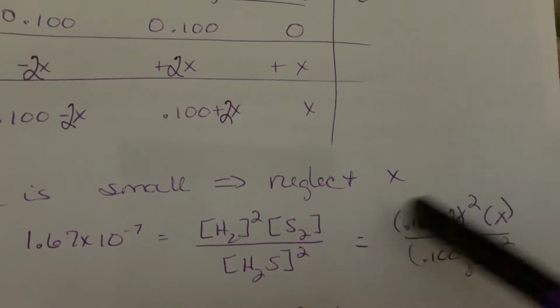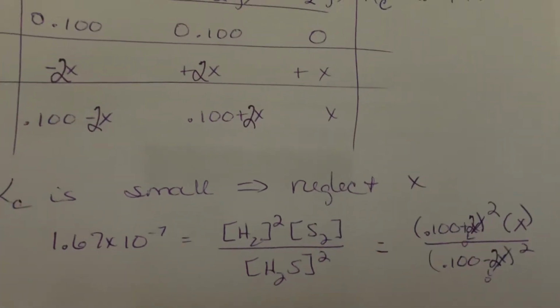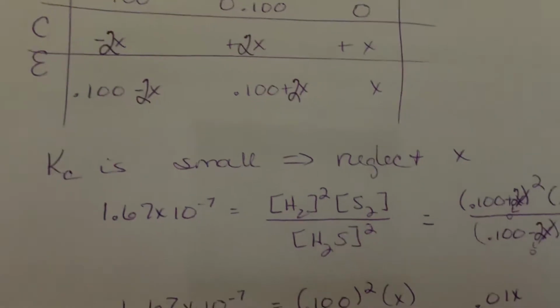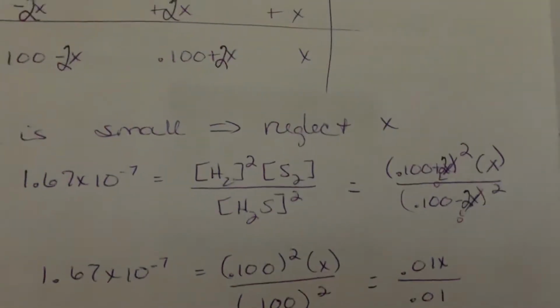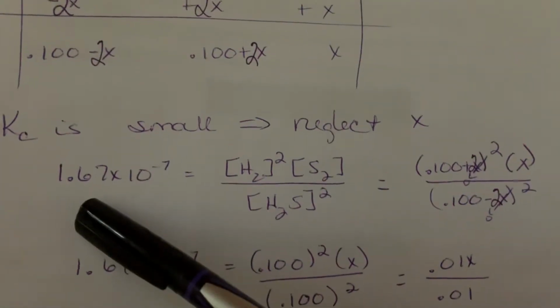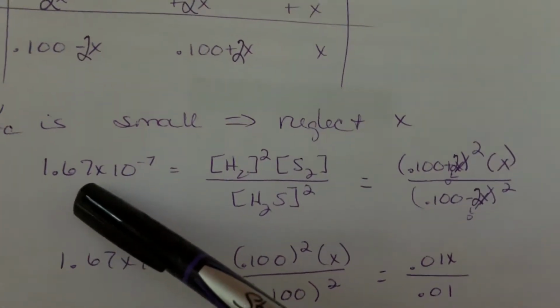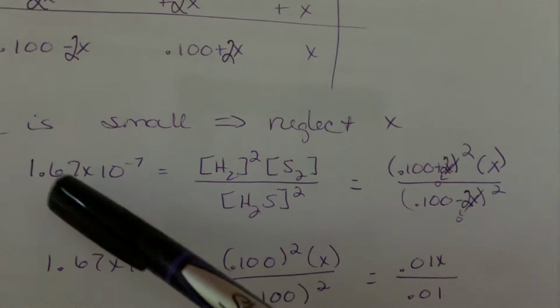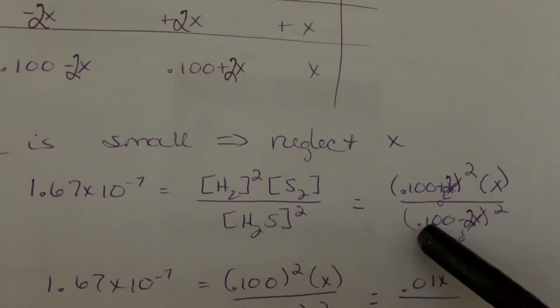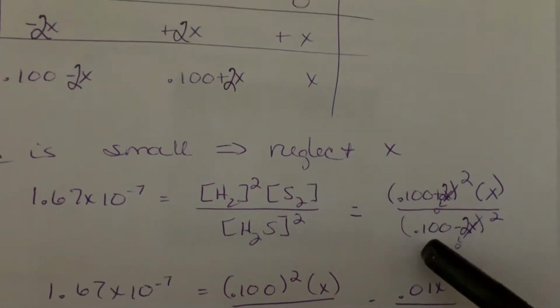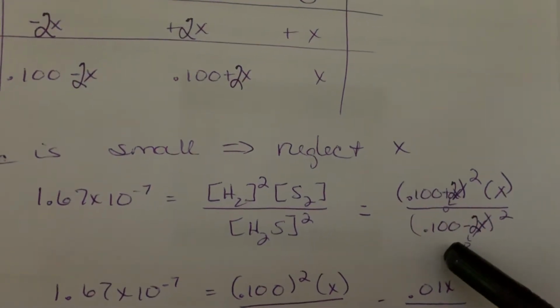Now, deciding whether or not to neglect x, you have to look at the value for K. K, which is given, 1.67 times 10 to the minus 7, is several orders of magnitude smaller than the original concentration of what we're adding or subtracting x from.